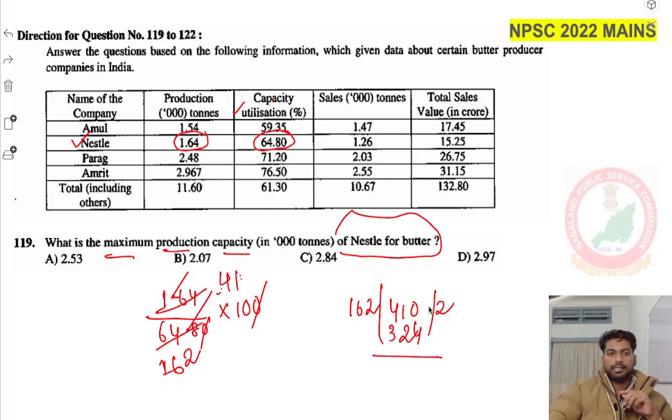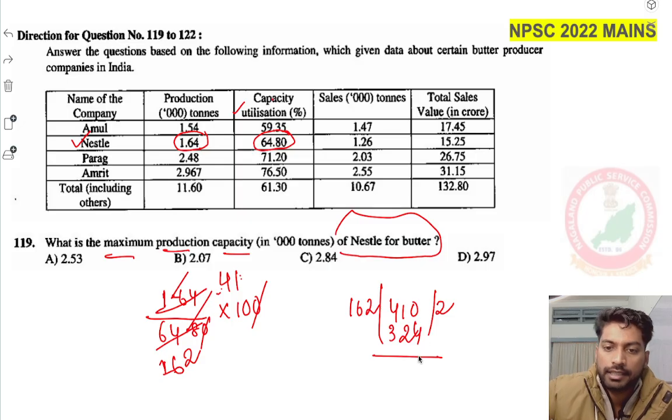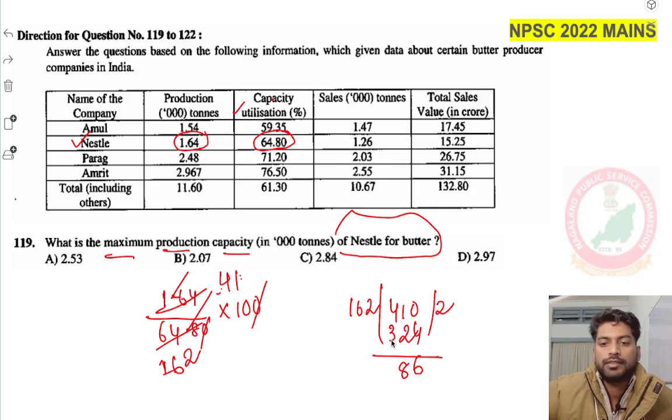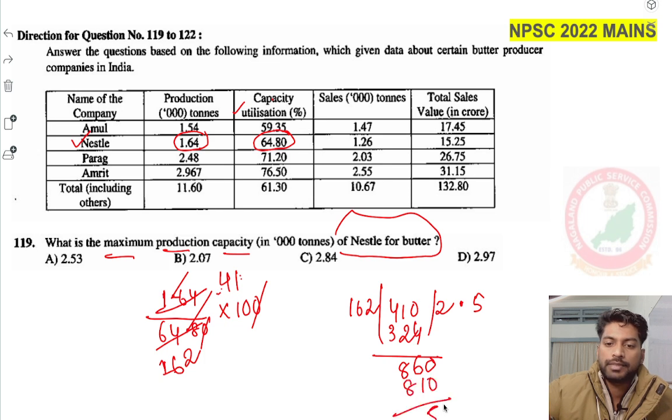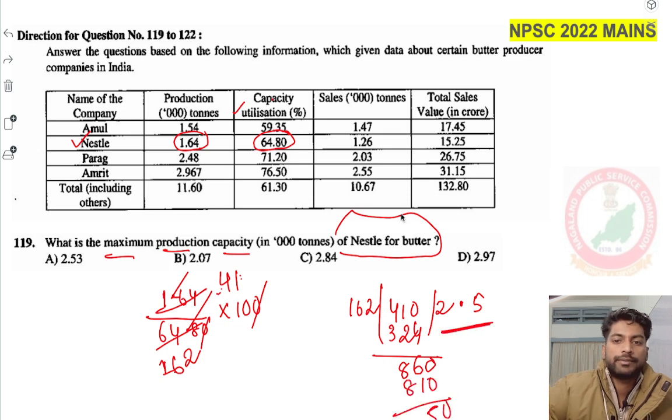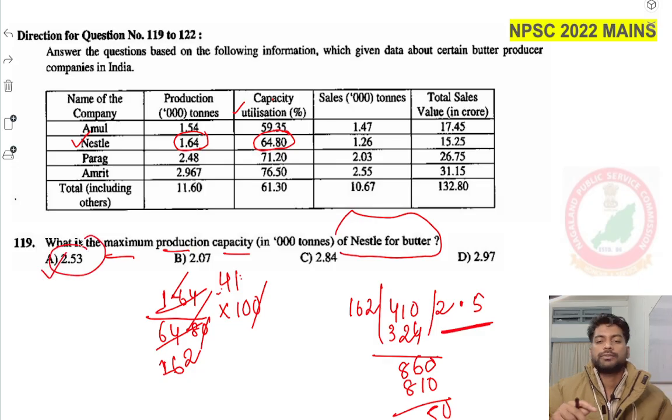Now here 86, and here will be 4, 86. Now you have to take the decimal and 0, and if you take 5 times it's 810, so it's 50 again, so it's around 2.5. Which one? 2.5, this one. So the maximum capacity will be 2.53.